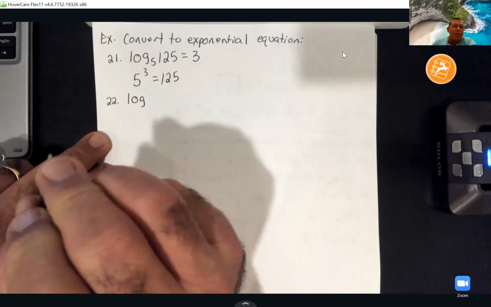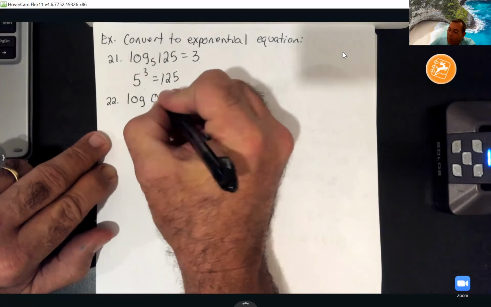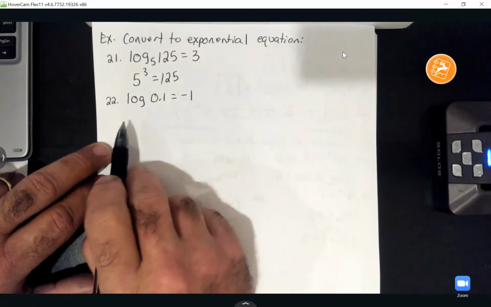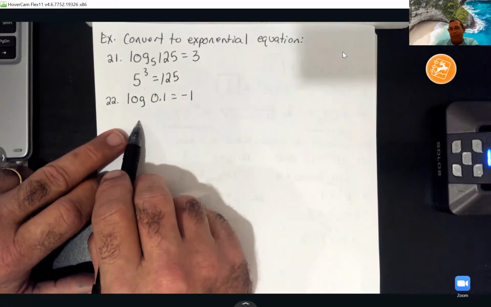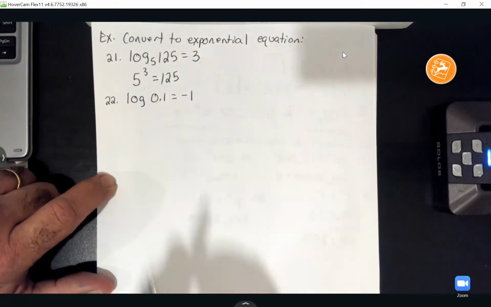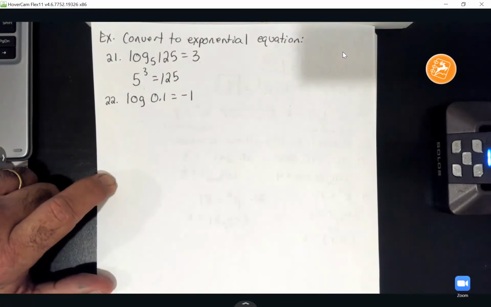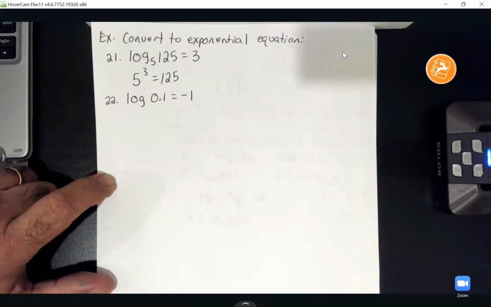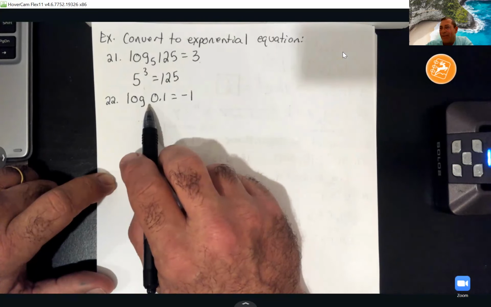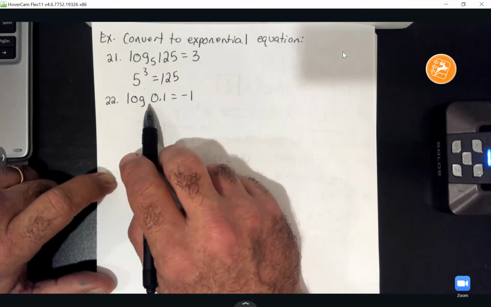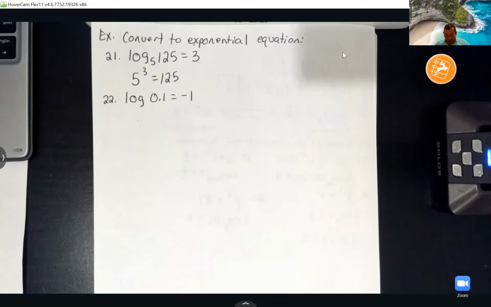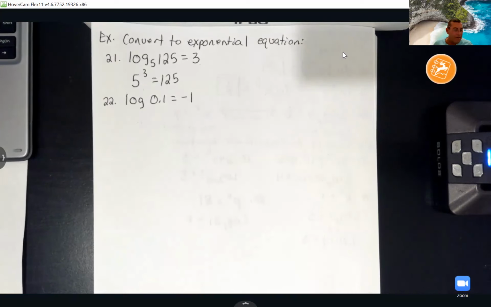How about this? I'm going to throw a curveball a little bit. Log of 0.1 equals -1. So what would my base be? And that's my result. So what did I say the number was if the number's not shown? 10. And remember, I called it the common log.